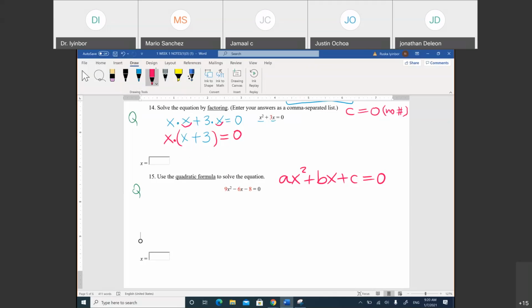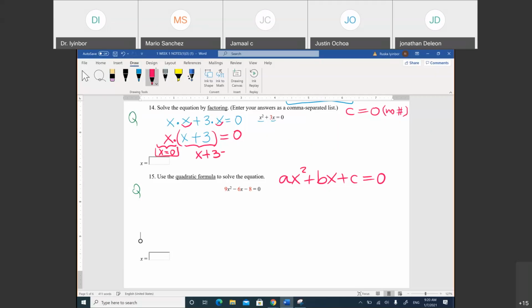So if x is 0 times whatever the other one is, I'm going to get 0. So I'm going to set x equals 0, and that's my first answer. Also, I can set the second part to 0: x plus 3 equals 0.